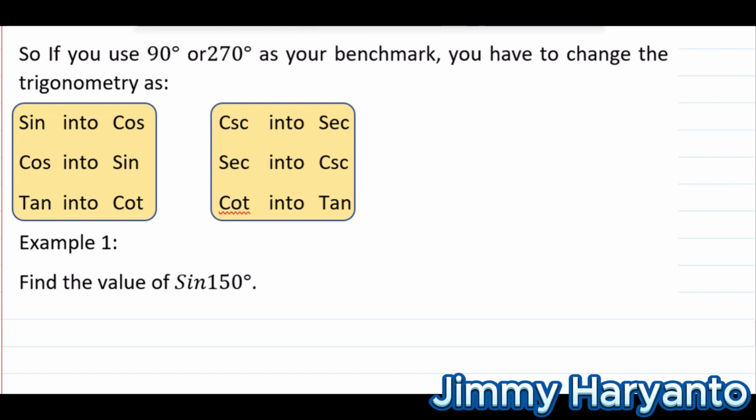That's why I told you before that if the question didn't ask you to use 90 and 270 degrees, you should choose 180 and 360 degrees as your benchmark, because you don't have to change anything if you use 180 and 360.